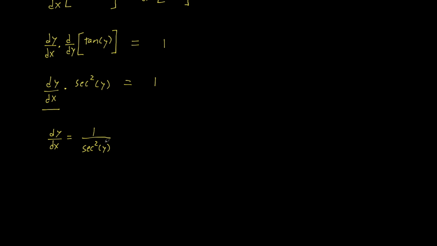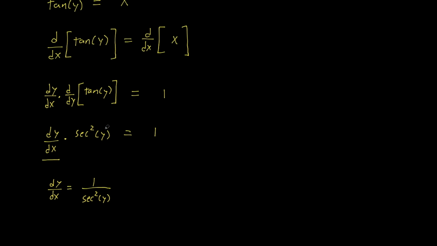Now we're at a bit of an impasse because secant squared y is in terms of y, but the inputs we have are generally going to be in terms of x. So we're going to want to rewrite this so that we have the derivative of y with respect to x in terms of a function of x.